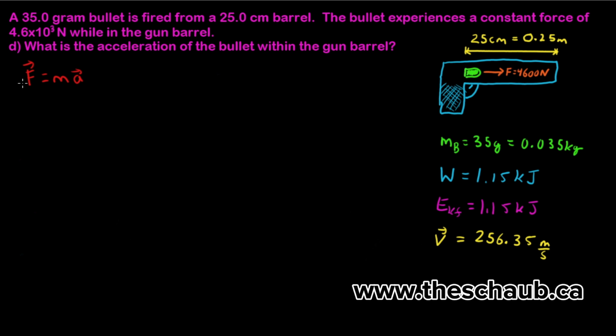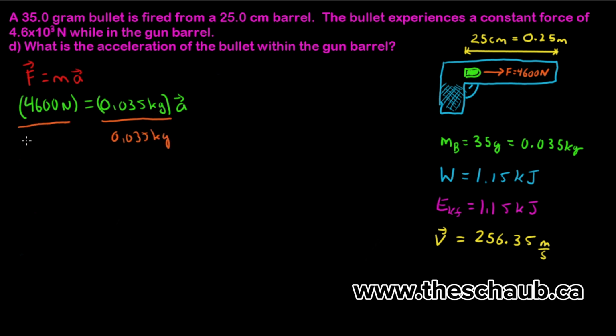So if we plug in our numbers here, our force applied pushing the bullet down the barrel is 4,600 newtons, and this is equal to the mass of our bullet, which is 0.035 kilograms, multiplied by the acceleration of the bullet. Our acceleration is being multiplied by 0.035 kilograms, so to get our acceleration all alone, we have to divide both sides by 0.035 kilograms.